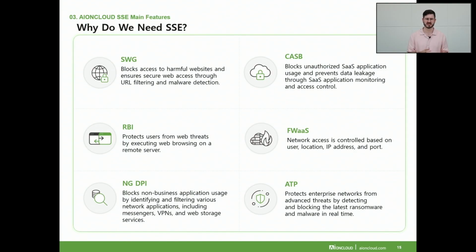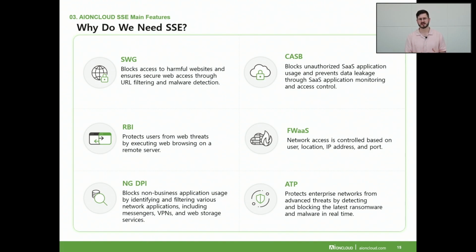We have the NG-DPI, which blocks non-business applications and usage by identifying and filtering various different applications, including messages, VPNs, web storage. Basically, if there's a service out there, this can be used to deny access to that service on the internet.